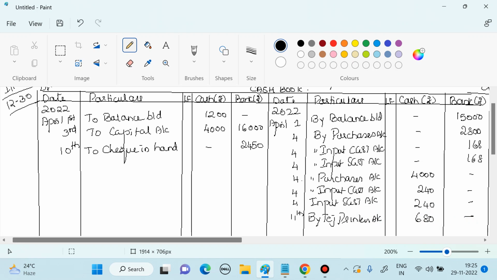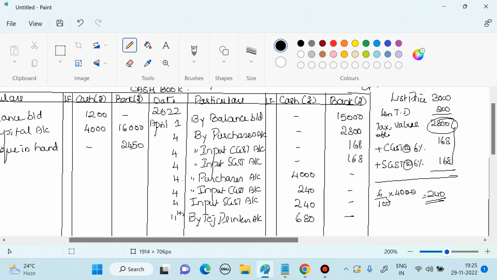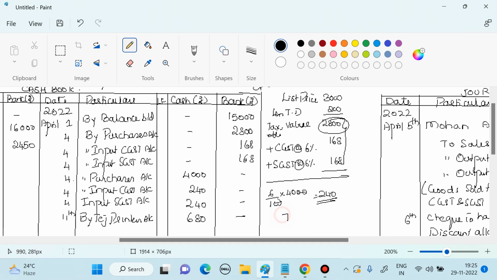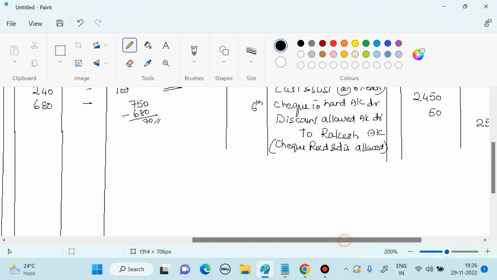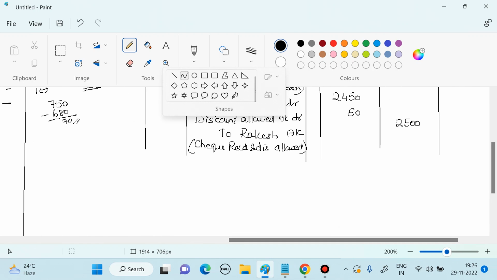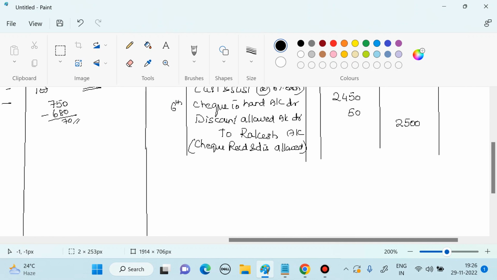So in the cash column. And 750 was the amount due. We have paid 680. 20 plus 50, 70 rupees is the discount that we are receiving in this transaction. So for that, we will pass the entry in the journal. So Tej Printers was debited with 680.